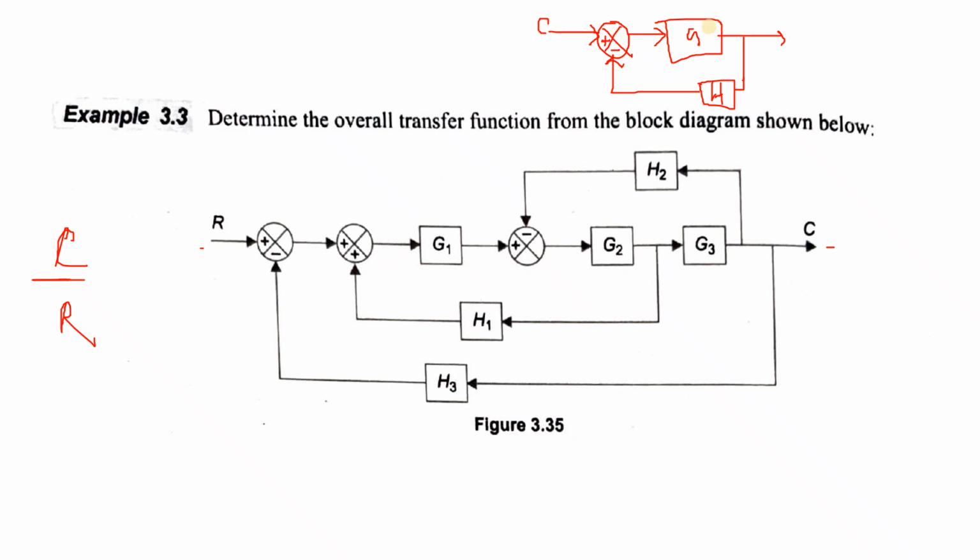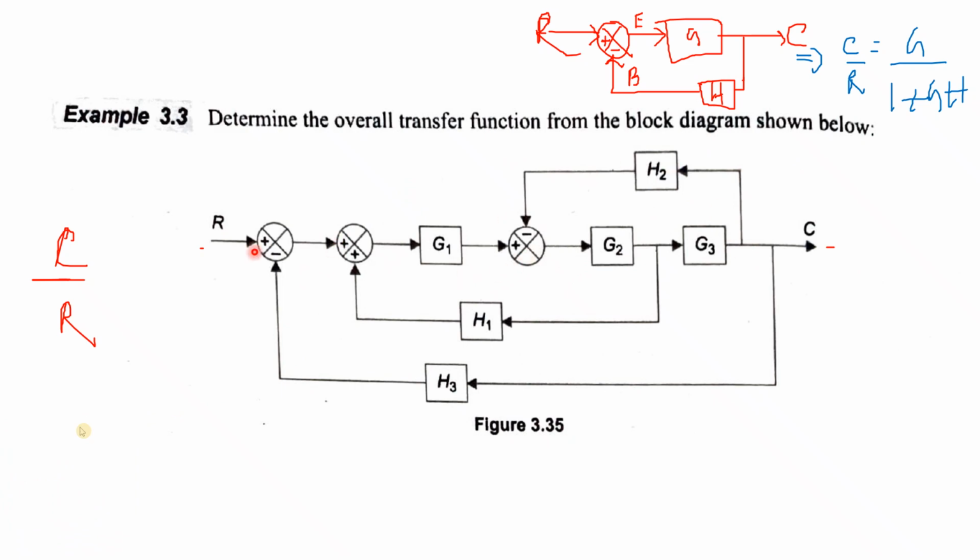This is R, this is C, and there is some error signal, and this is B. So R minus B gives you E. Now this is a closed loop system, and we know that the transfer function of this closed loop system is C by R, that is G by 1 plus GH, that we have already discussed earlier.